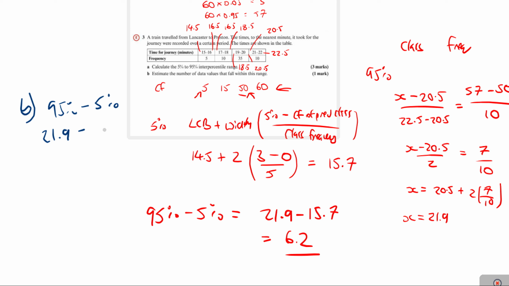Oh no, sorry, my bad. So we're going to do the 95% value, which is 57. So it's 57 minus 3. So 57 minus 3 is equal to 54. And therefore, there are 54 data values. So essentially 54 journeys were between the 5% and the 95% frequency, or interpercentile range.